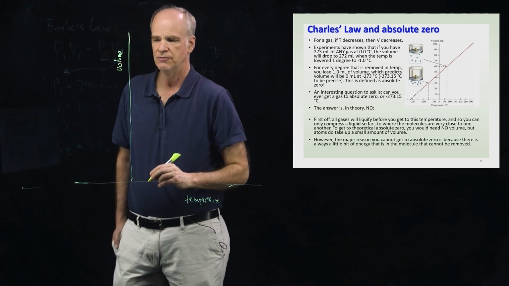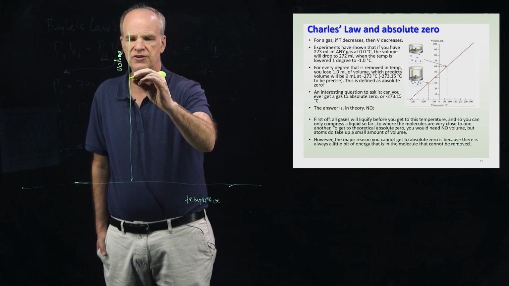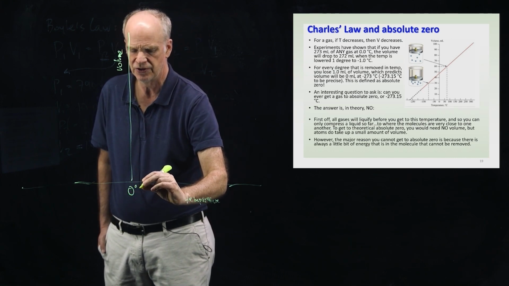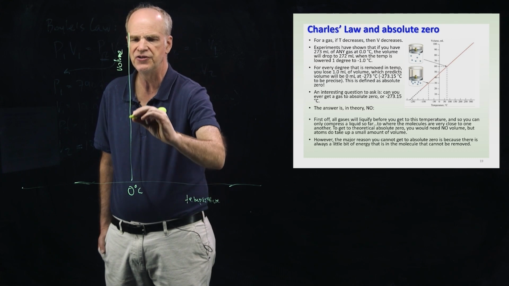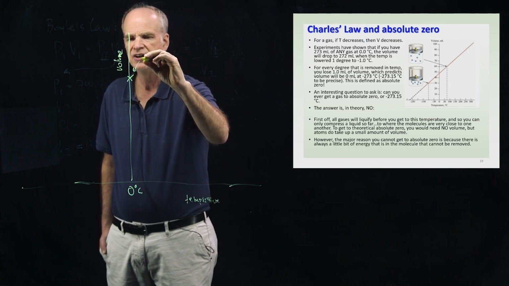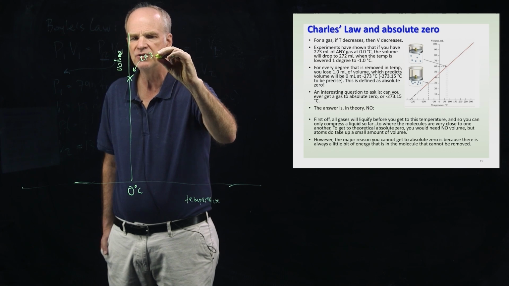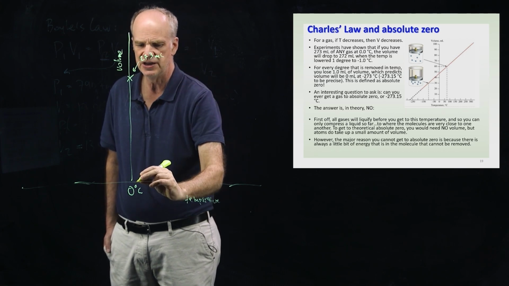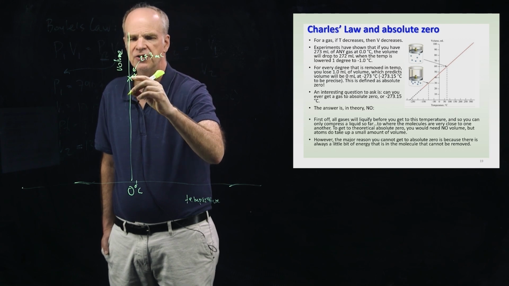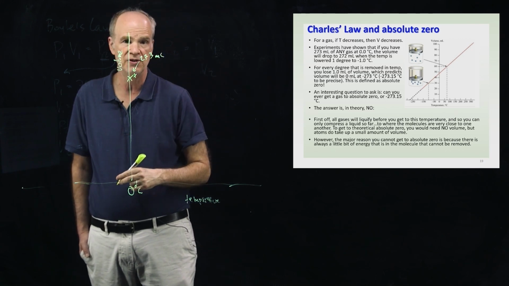Okay, so now what I'm going to do is I'm going to put here, this is going to be 0 degrees Celsius. And so at 0 degrees Celsius, we have 273 milliliters of gas. So this is 273 milliliters of gas. So if we go up 1 degree, what that means is the volume will increase to 274 milliliters.